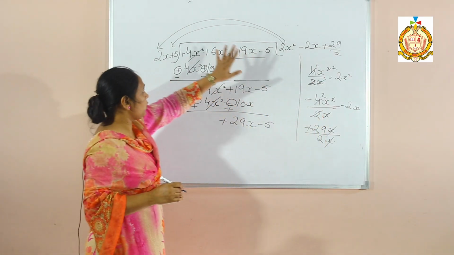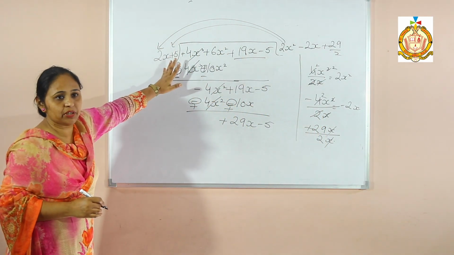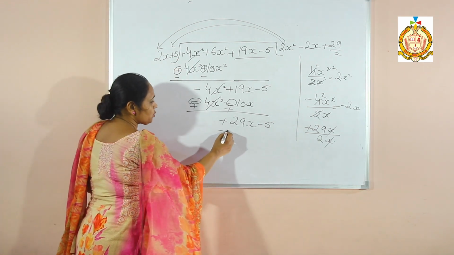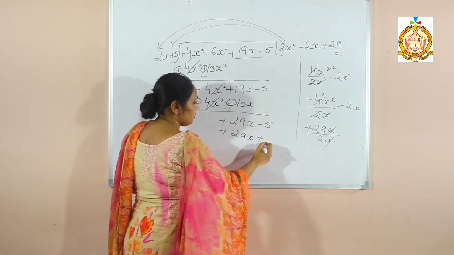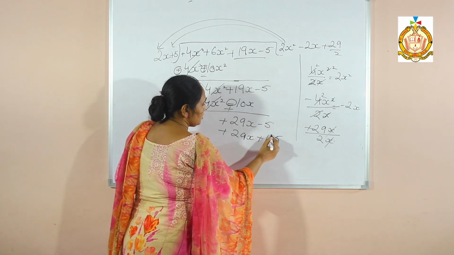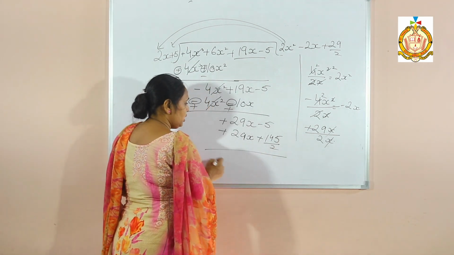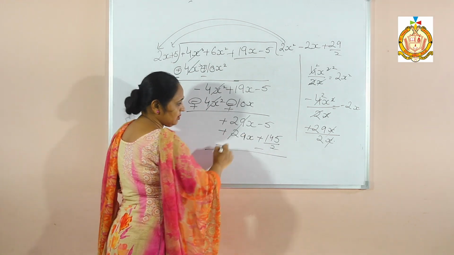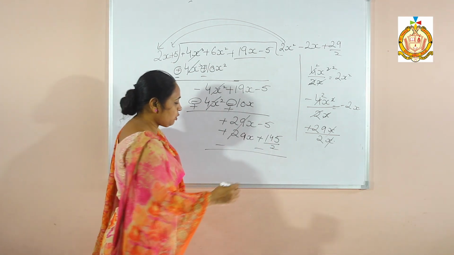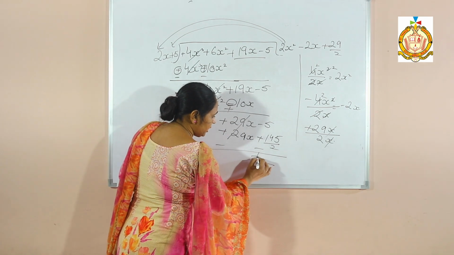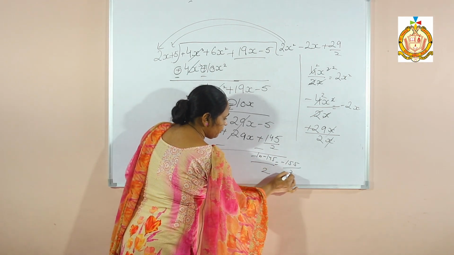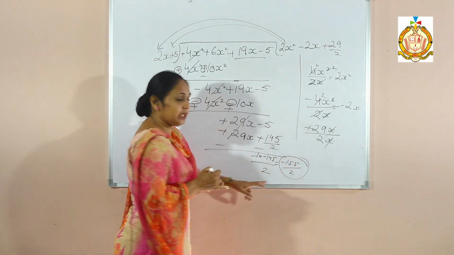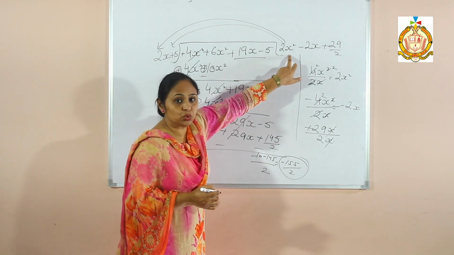This 29 upon 2 again multiplies these outer values and it becomes plus 29x and plus 145 upon 2. Now we again change the sign. Now we have to take the LCM of it. 2 minus 10 minus 145, minus 155 upon 2. It becomes my remainder. It becomes my quotient.